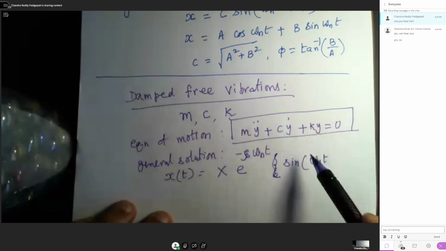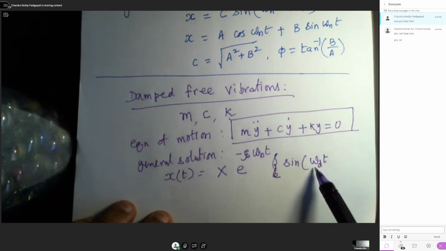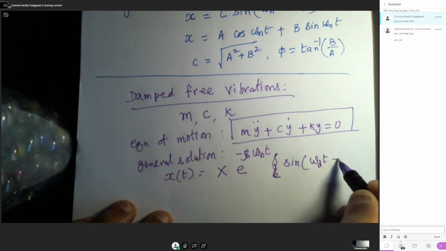Because we have a damper, the frequency changes, so this is the damped frequency. Plus phi.